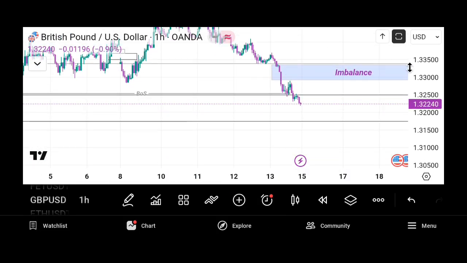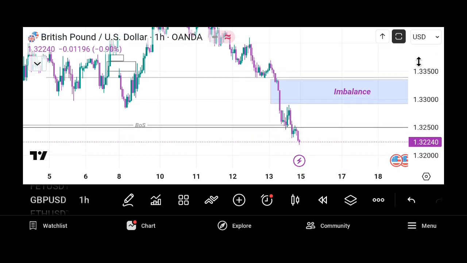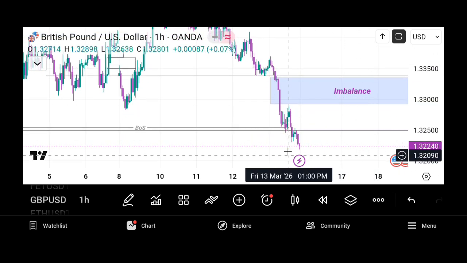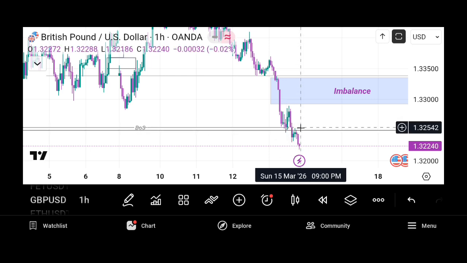So on the 4 hours, it's nothing much actually. On the 4 hours, you have this other block, but it has been mitigated already by this candle movement upward.